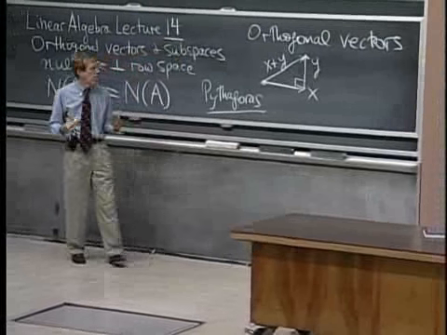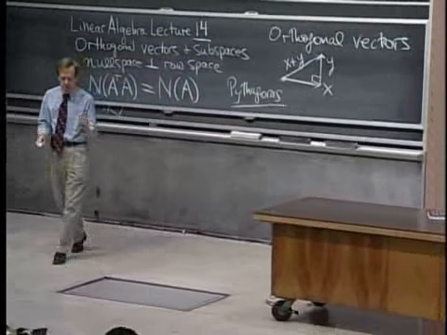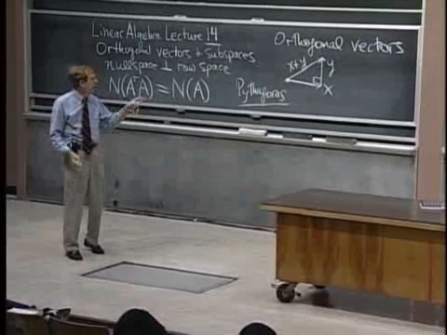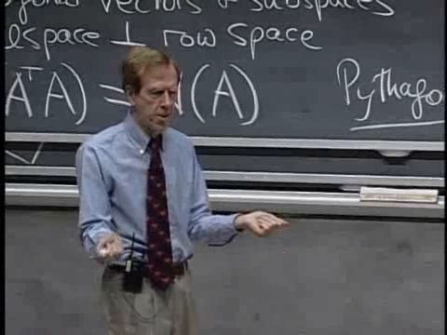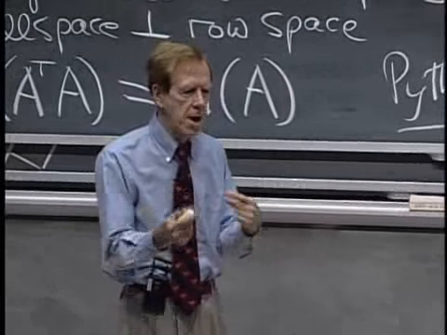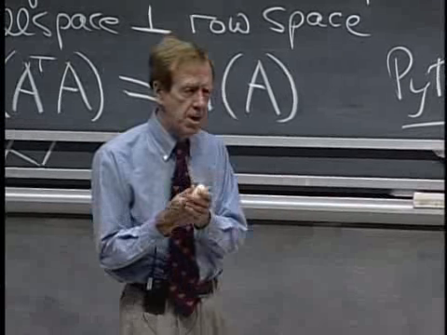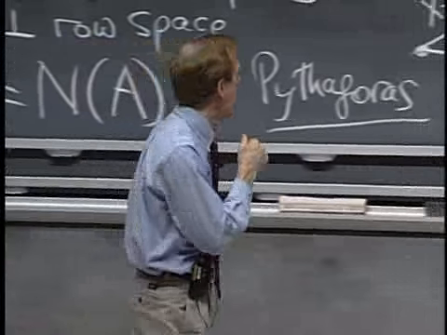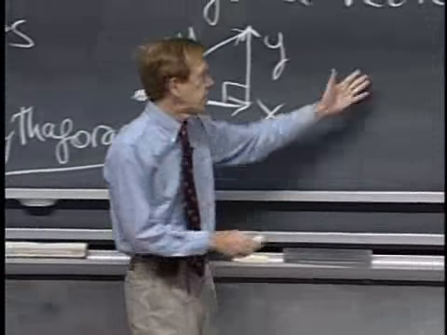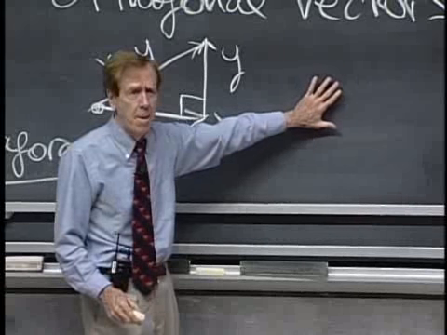I'm looking for the condition: if you give me two vectors, how do I know if they're orthogonal? How can I tell two perpendicular vectors? And actually, you probably know the answer. Let me write the answer down. Orthogonal vectors, what's the test for orthogonality?